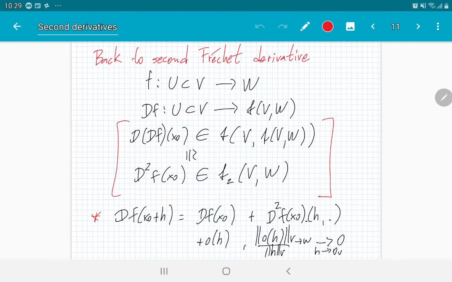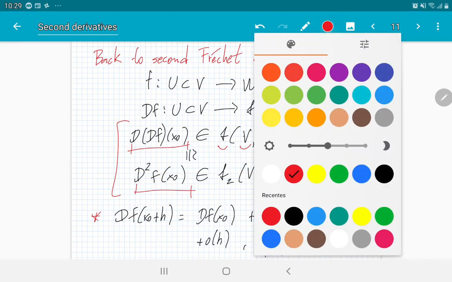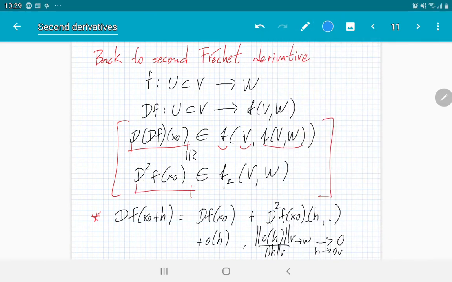And okay, from now on, we should try to get comfortable with this thing. What are we saying? I'm saying the following: the derivative of the derivative is a linear map from V to bounded linear maps from V to W. But we're going to think of the second derivative as something slightly different, which is a bilinear transformation from V squared to W. And the point is that these two things are connected by this isometry that I just defined.